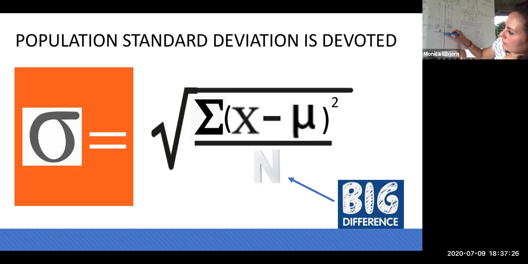So we got our x: 4, 7, 7. We said we need x minus x bar and then square, so we need to get the average. On this other formula, we don't need to get the average. That's a difference between this one and this one.